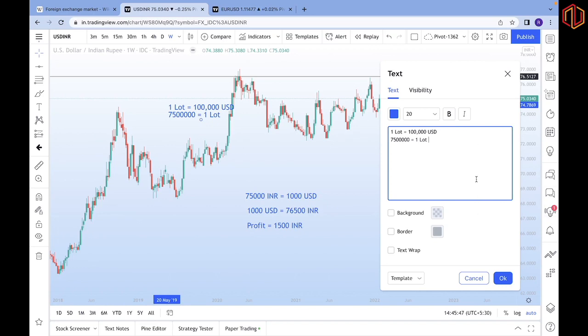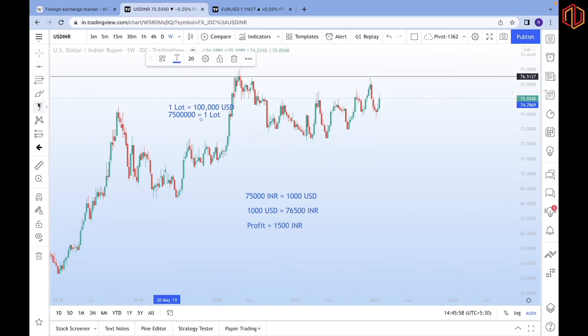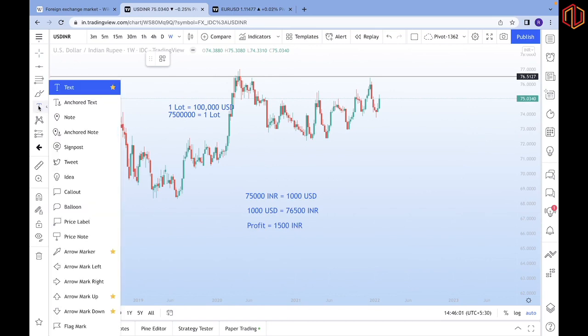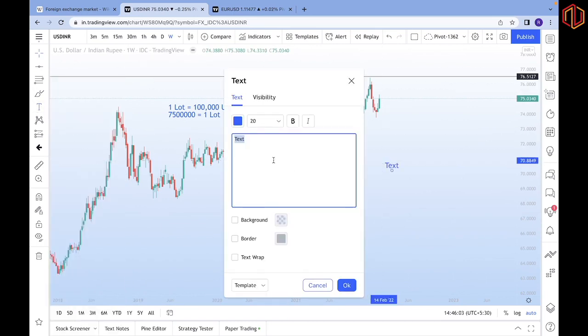So if you had taken the same trade with one lot or with 75 lakh rupees, how much would be your profit or loss? In this case, instead of making a profit of 1500 rupees, we would then make a profit of 1500 times 100, which is 1,50,000 rupees.